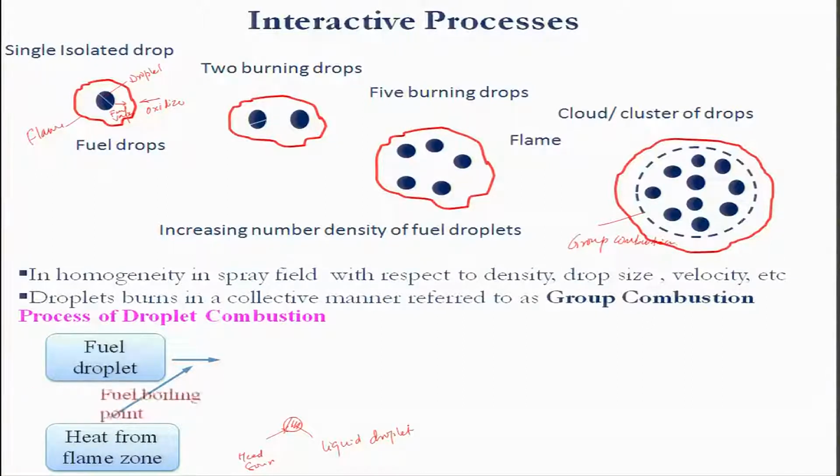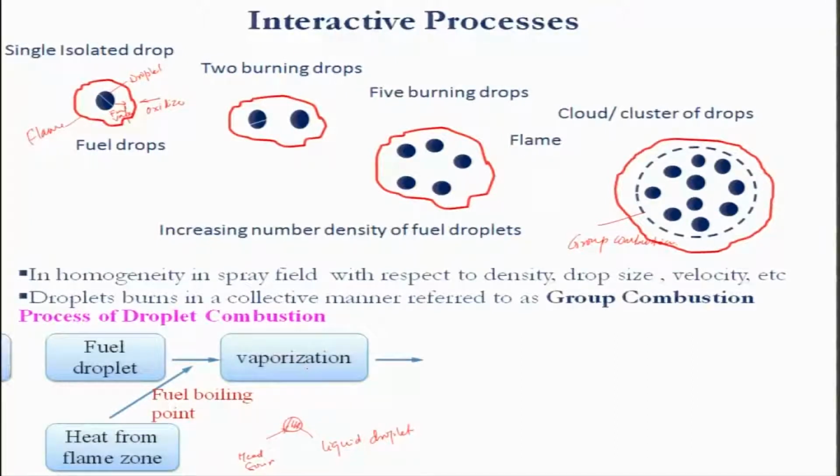And then fuel of course will start boiling, meaning vaporizing rather, and there will be vaporization occurring. And these fuel vapors will be moving, of course, towards all the sides.